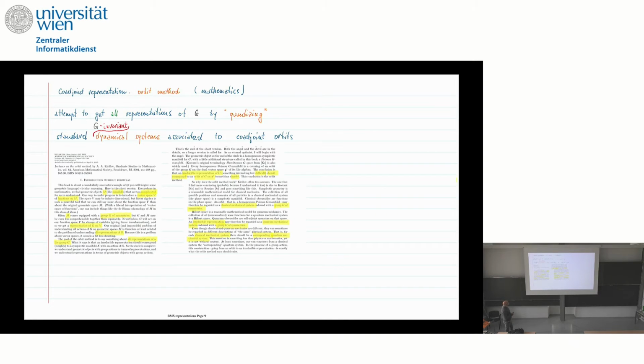You want to quantize this dynamical system, and this dynamical system is in a very specific way associated to a co-adjoint orbit. And the attempt by Kirillov is to say something very general, for any group, on getting all its unitary reducible representations by studying this.